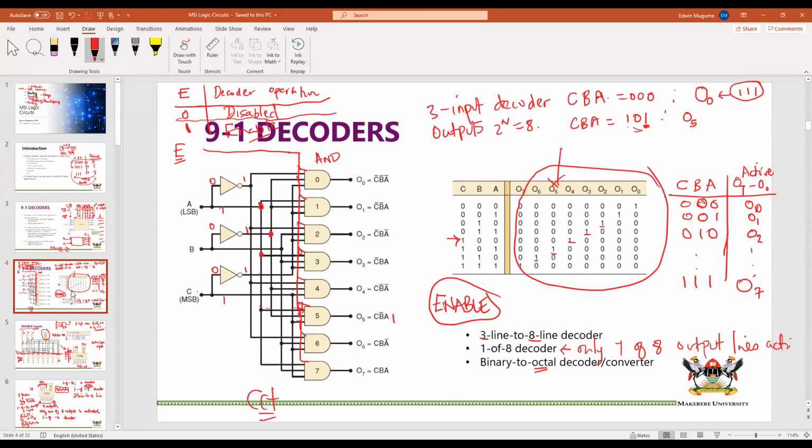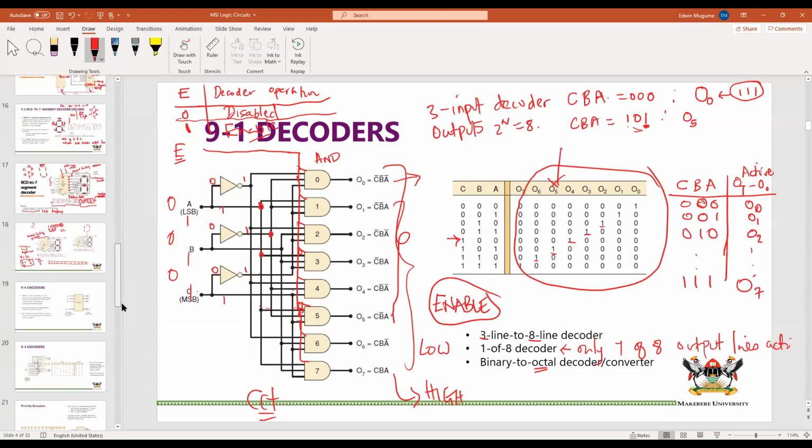So depending on what you have here, maybe 0, 0, 0, in this case that output will be high, the rest will be low. That means you can look at the output and know what the input is. If it is 1, 1, 1, everything will be low except that one, which will be high. That is to decode. Now we want to encode.